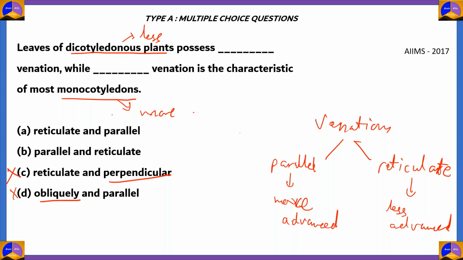So it goes on to say that option B is incorrect, while option A is the right answer. So reticulate, which is less advanced, is found in the leaves of dicots, while parallel venation is the characteristic of most monocots, which are more advanced. So reticulate venation is for dicots and parallel is for monocots. Option A is the right answer.